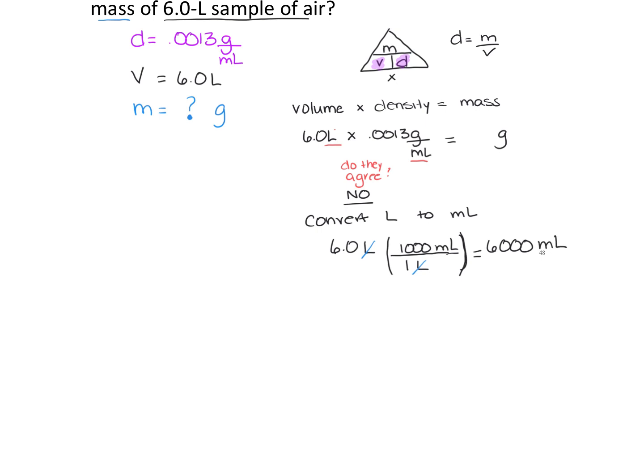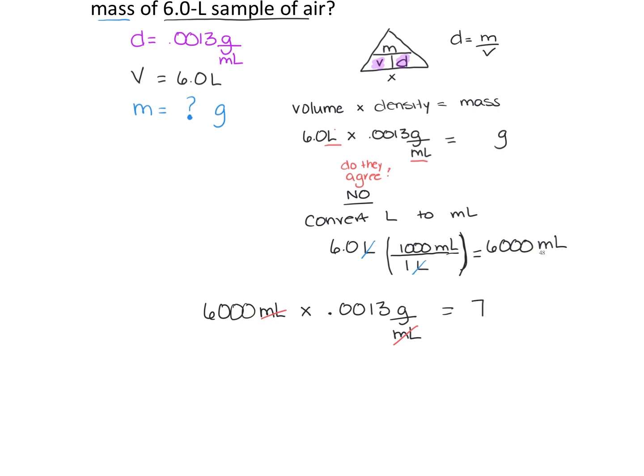So now I can go back and take that volume, 6,000 milliliters, and multiply it by 0.0013 grams per milliliter. And now my milliliters cancel, and I'm left with grams, which is what I'm looking for.